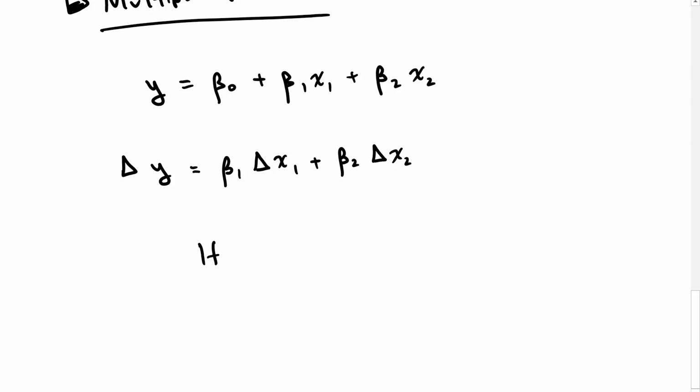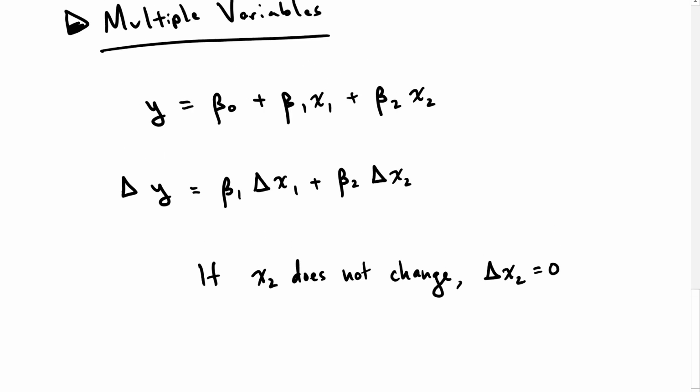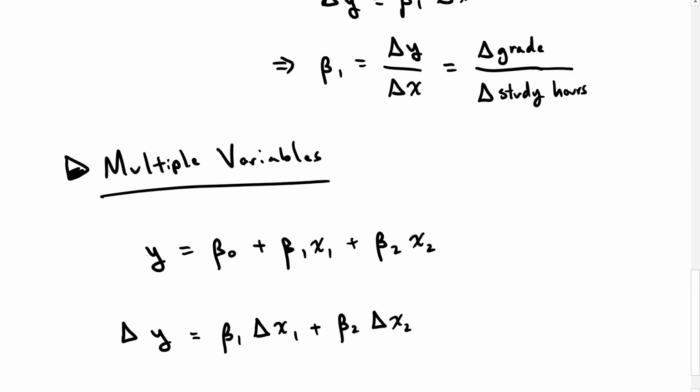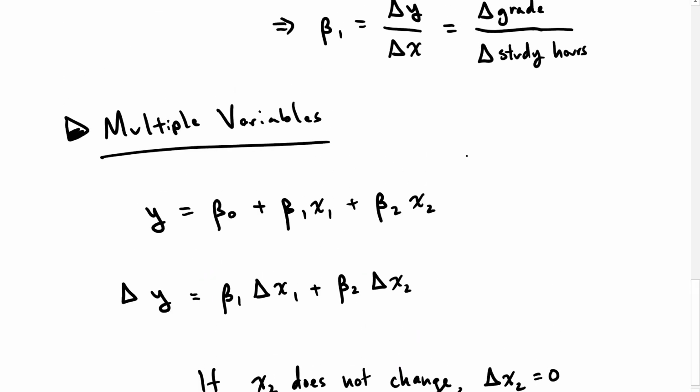Now, if x2 does not change, that is delta x2, I should have written that up there. Delta is just the uppercase Greek symbol. That means change in.